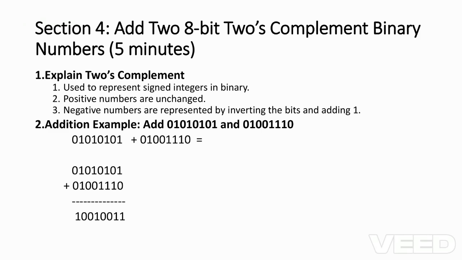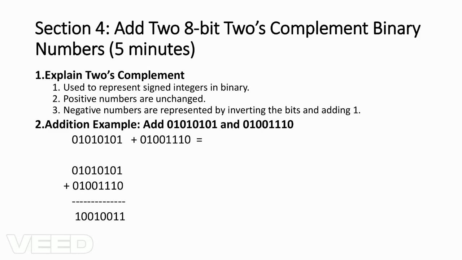We add 0 plus 1, which is 1, so we put a 1 down. 0 plus 1 is 1, we put 1 down. 1 plus 1 is 2. Since it's 2, just like saying 5 plus 5 is 10, 2 is 0, and we remember 1.